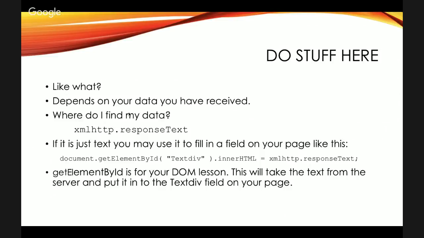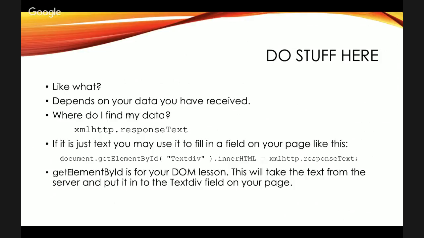And where do you find the data? The data is in a field called responseText in your XMLHttpRequest object. So you take that text and put it onto your screen. And I'm going to do something simplistic here.